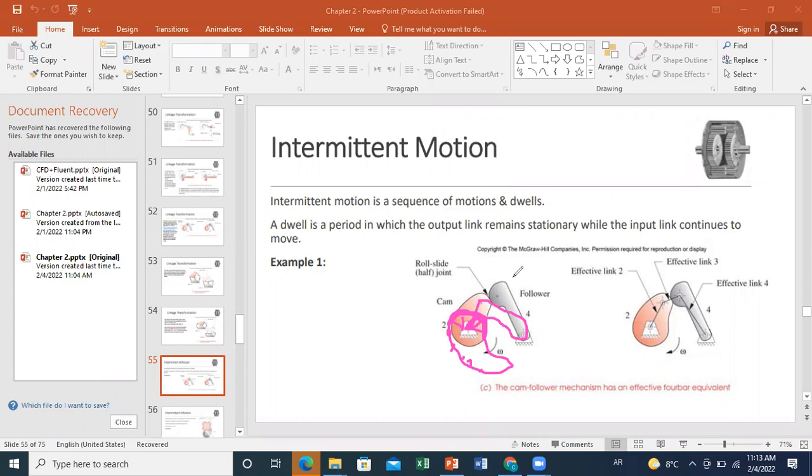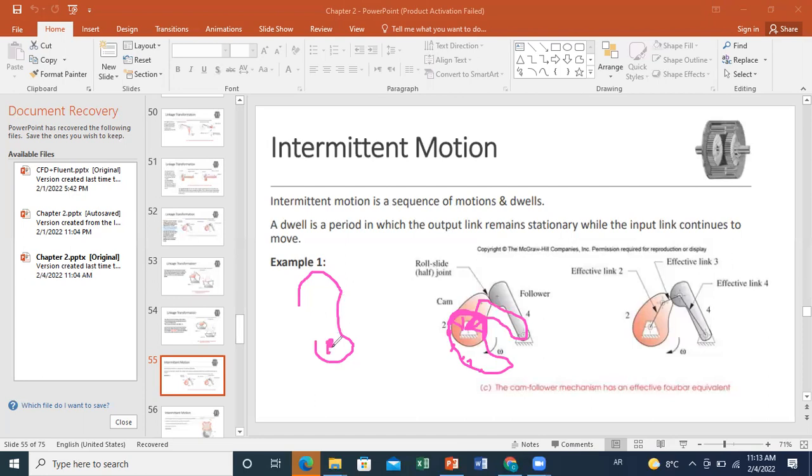And you can cause a series of dwells for a cam follower system if you consider different curved parts having a circular shape. For example, I have a circular shape here, then I have a variable profile, then I can have another circular shape, of course with respect to the center.